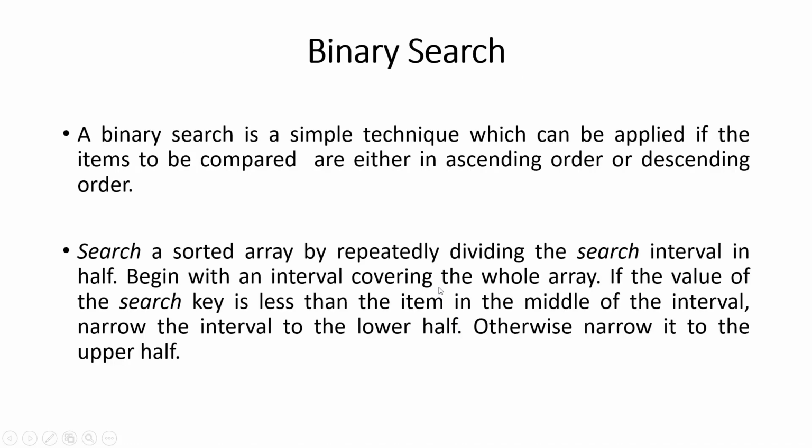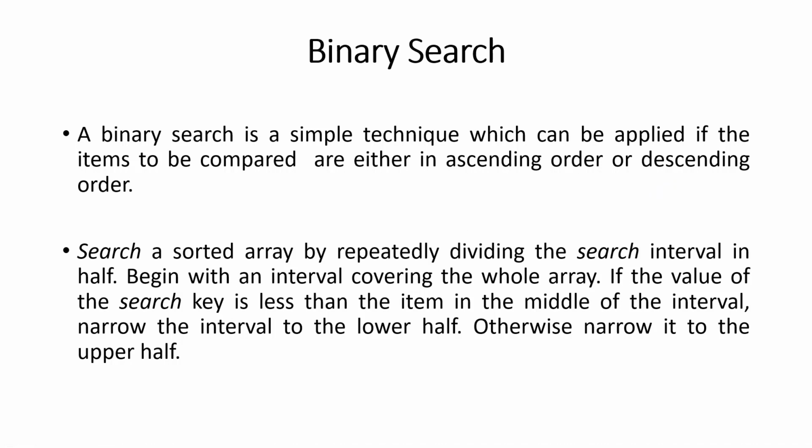Okay, next is binary search. To overcome the disadvantages of linear search, we generally use binary search when the elements are sorted. Binary search is a simple technique which can be applied if the items to be compared are either in ascending order or in descending order.